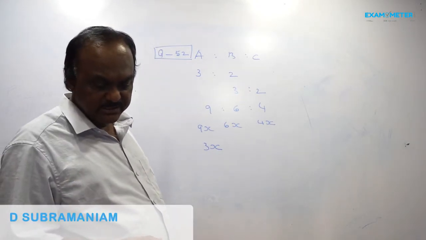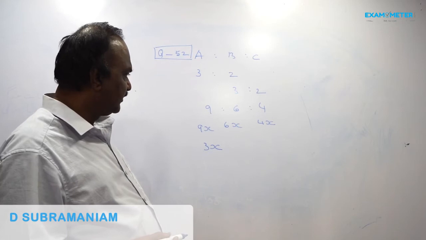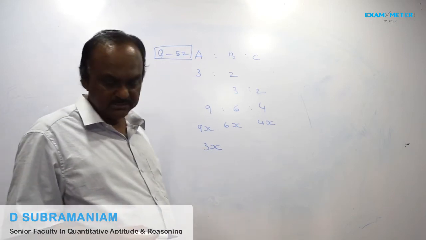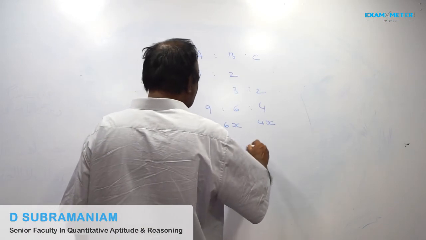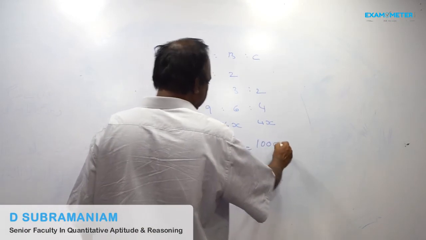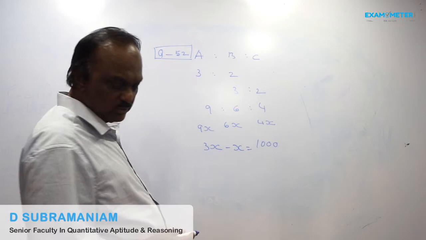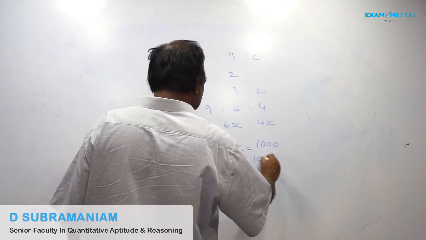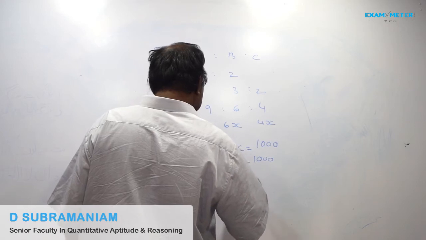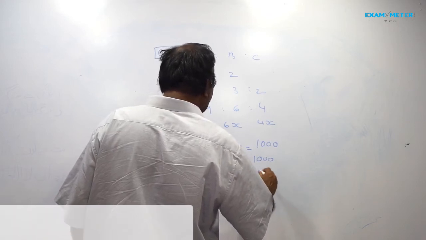It exceeds 1/4 of C's income. C's income is 4x, 1/4 of that is x. By rupees 1000. So 2x is equal to 1000. That means x is equal to 500.